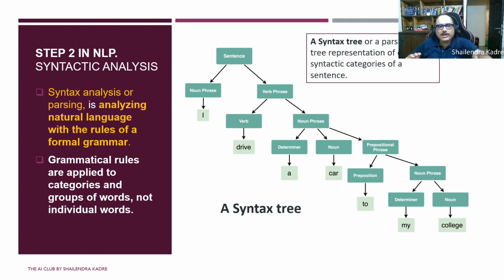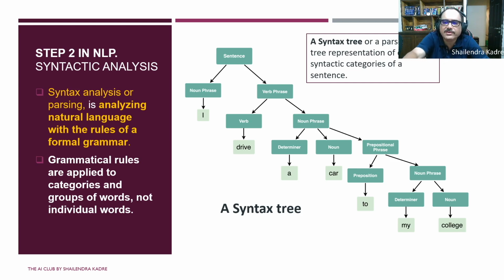Here I is a noun phrase, drive is a verb, a is a determiner, car is a noun, to is a preposition, my is a determiner, and college is a noun. I think many things are clear to you now, at least what a determiner and a preposition are.